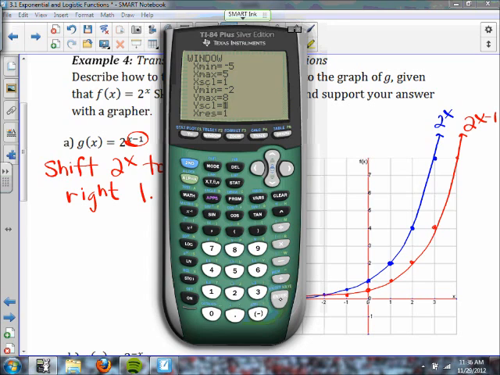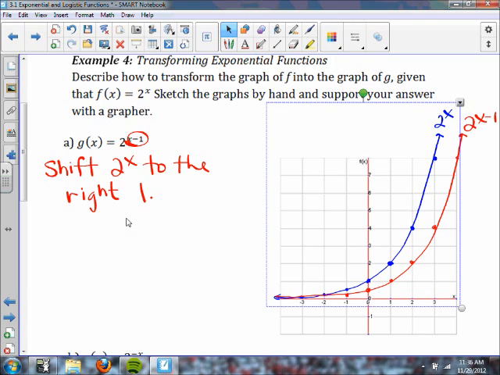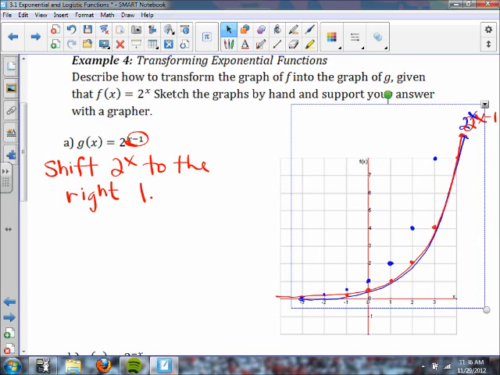Wouldn't you move it down 1/2? Okay, I took all these points in blue, and I moved it to the right 1. Oh, okay. That's what I did.